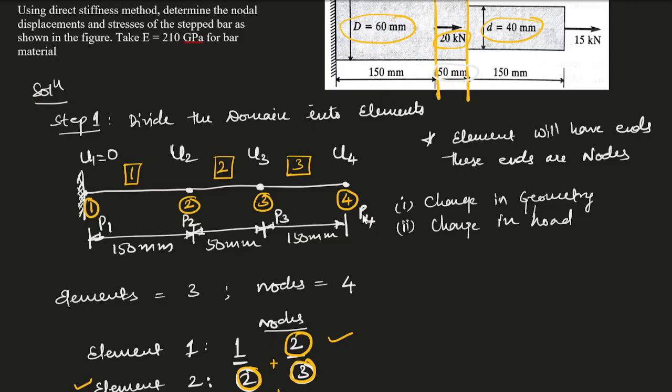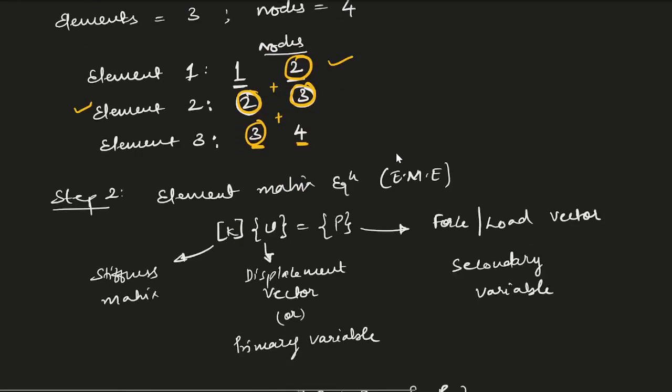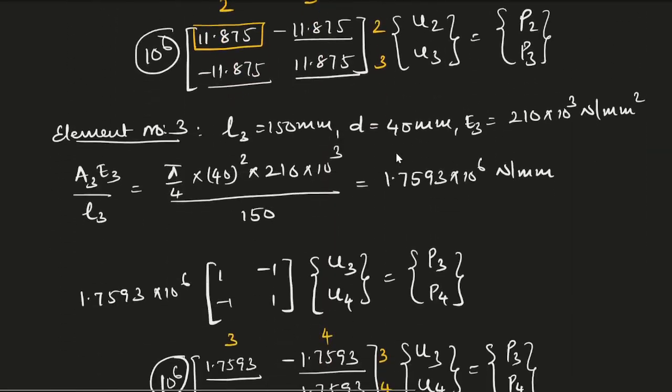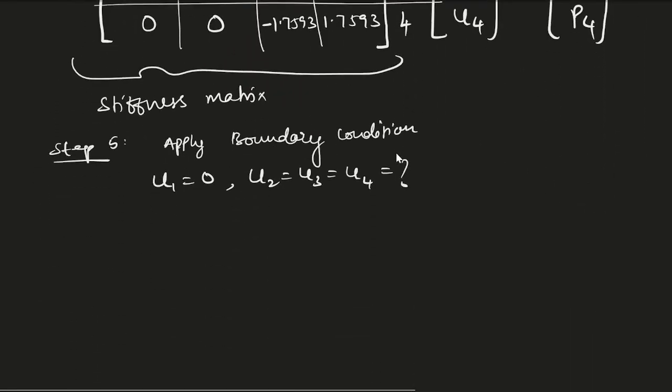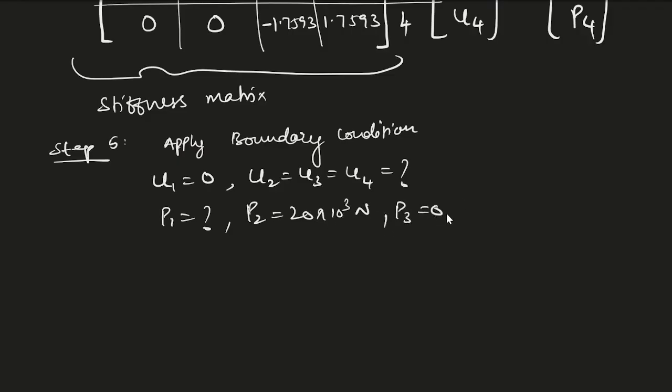And at P4 we have 15 kilonewton. Both are in the positive direction, that is, from left to right. So P1 equal to question mark, P2 equal to 20 kilonewton, that is 20 into 10 power 3 Newton, P3 equal to 0, and P4 equal to 15 into 10 power 3 Newton.